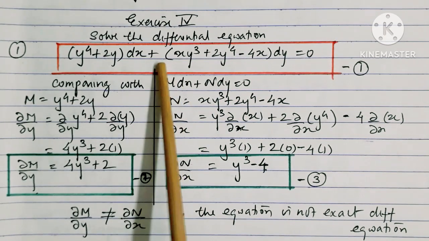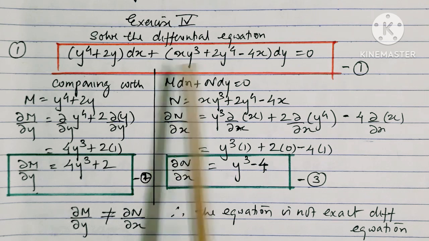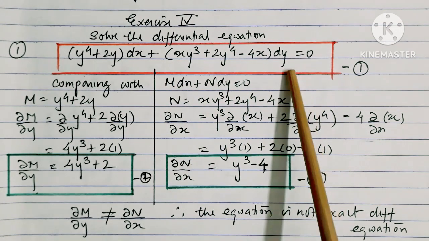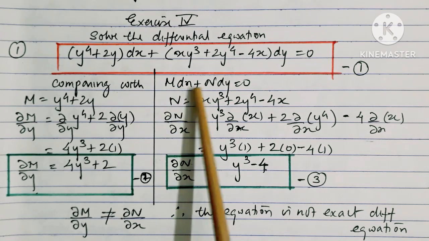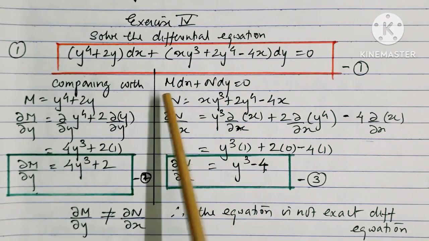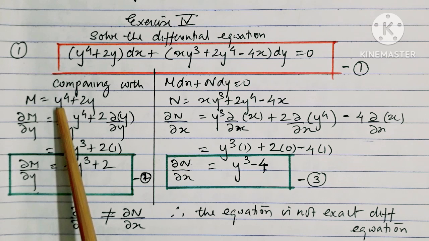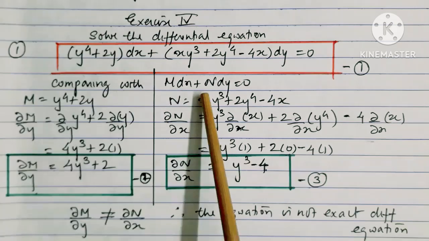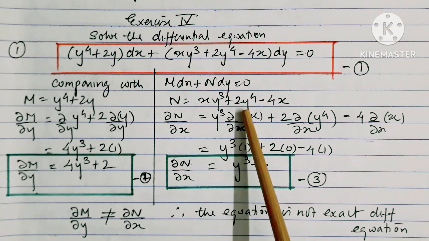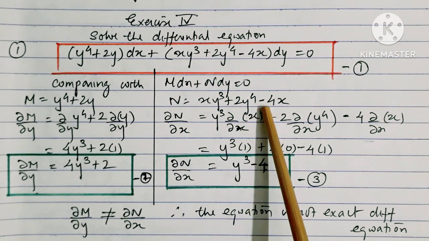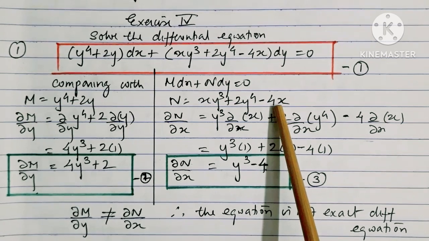Now first of all, let us find out if this given differential equation is an exact differential equation or not. So let us compare this with M dx + N dy = 0. So we get M = y^4 + 2y and N = xy^3 + 2y^4 - 4x.